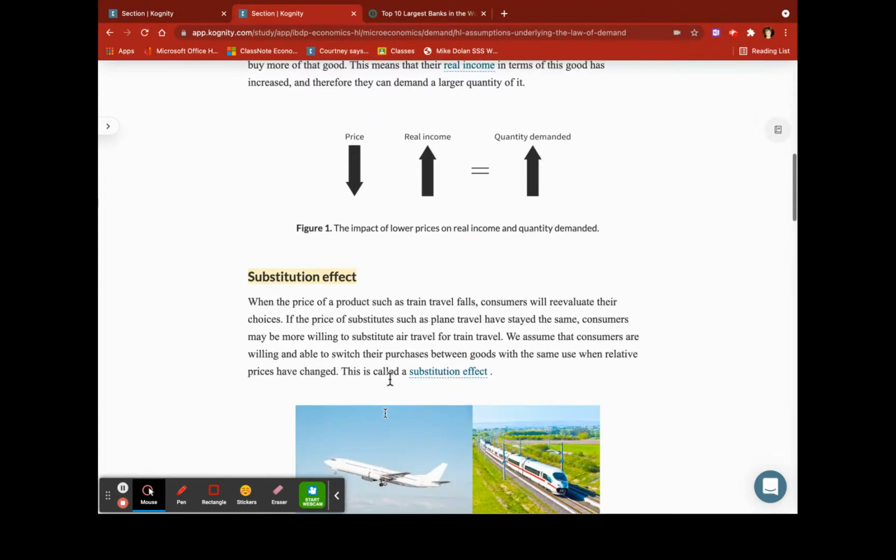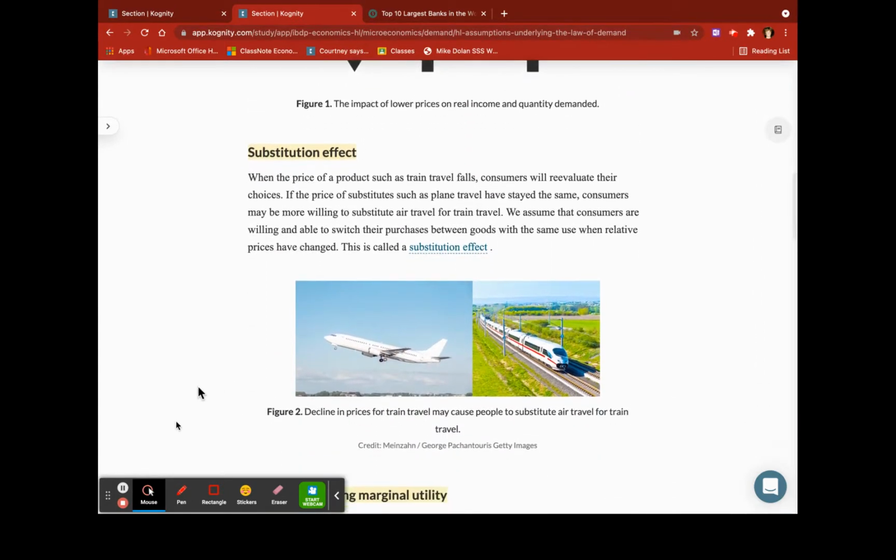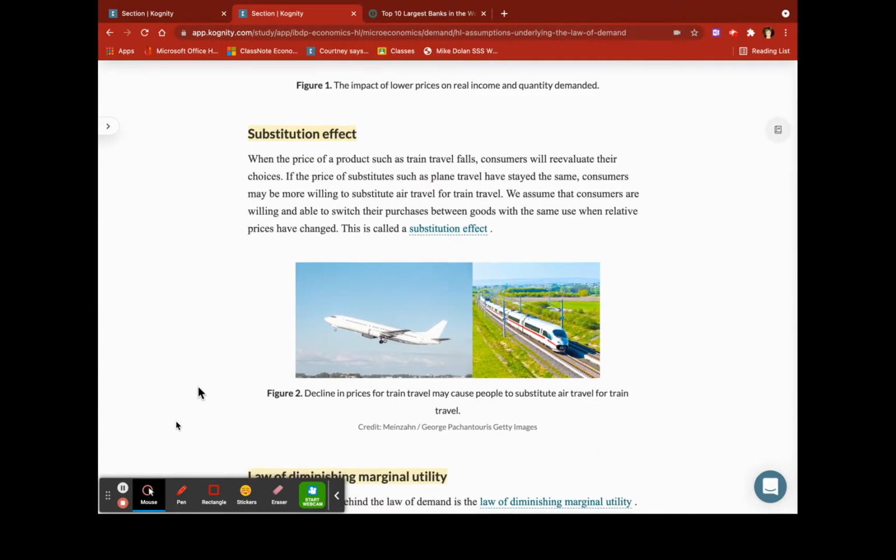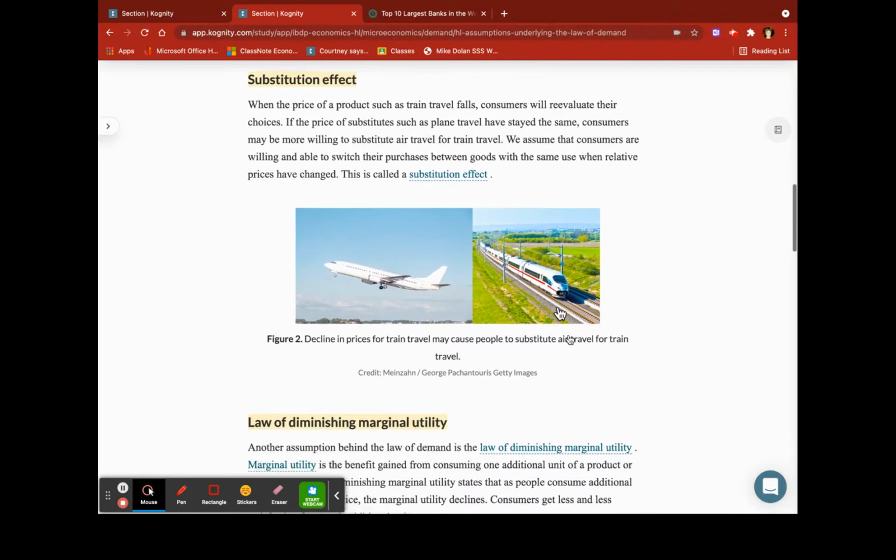The second one is substitution effect, which basically says if one product's price goes up, if there is a strong substitution effect, the demand will shift away from that product.